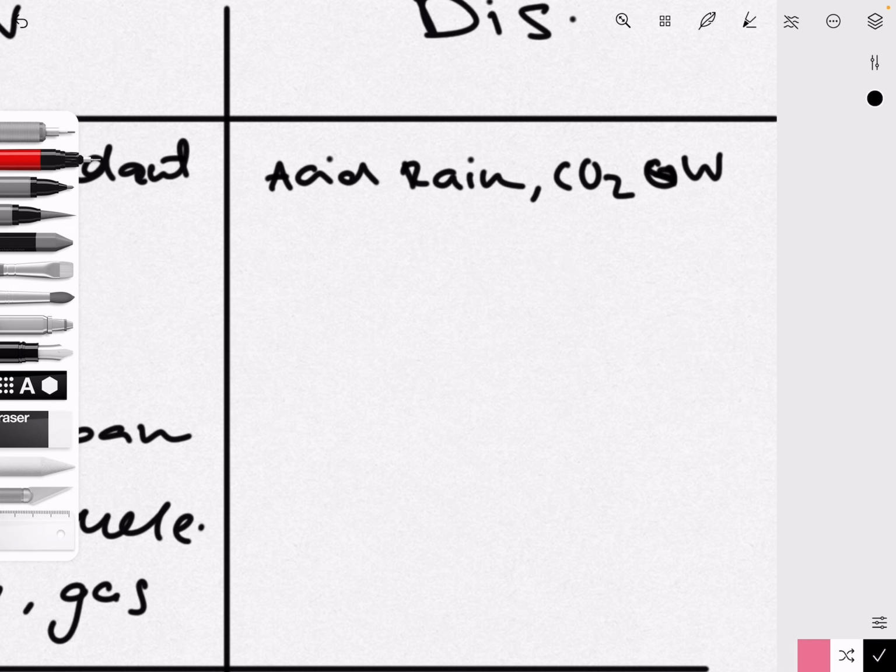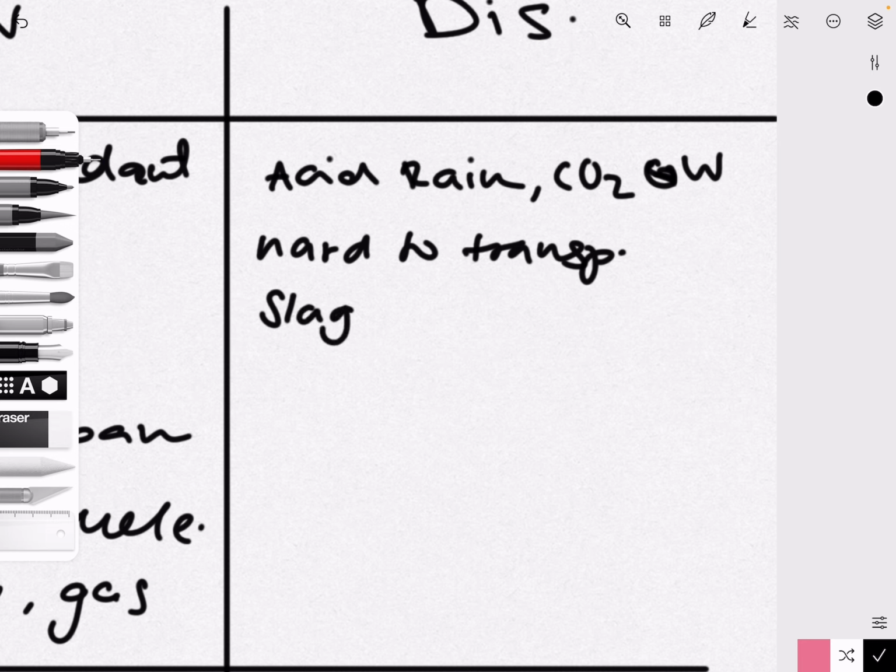Coal is harder to transport than, say, oil or gas, because it cannot be transported through a pipeline. Next up, coal also oftentimes will lead to slag heaps.